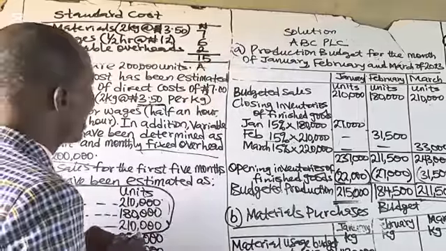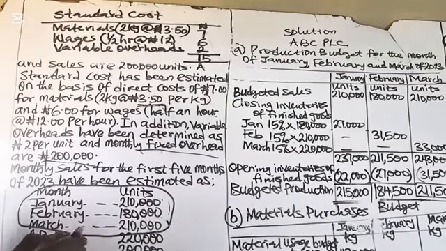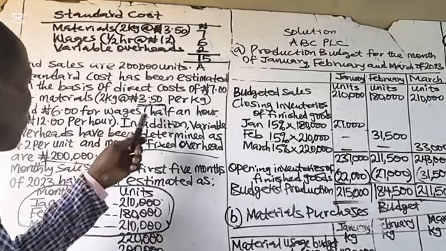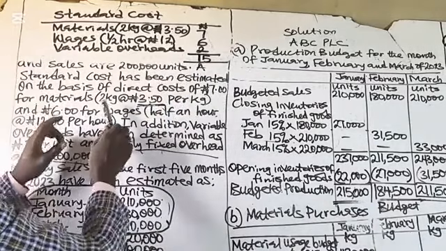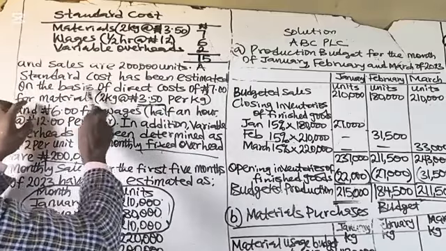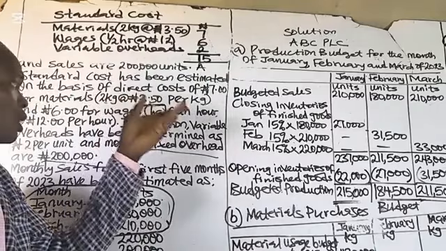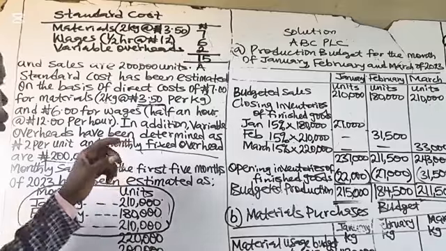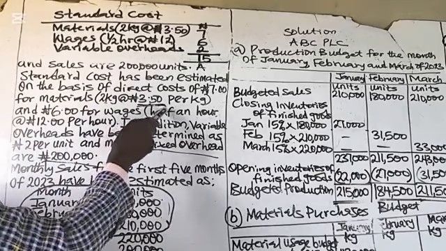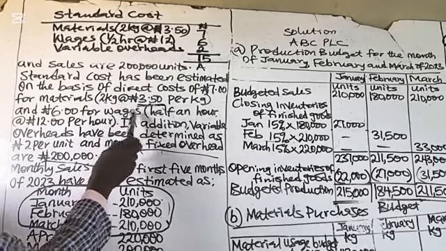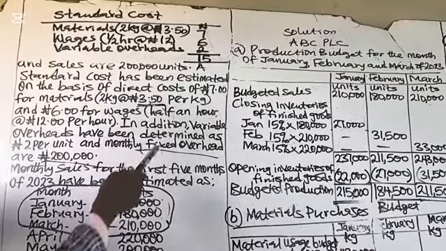So this is a standard marginal cost. I've told you if it is a standard absorption costing, then the fixed overheads will have been absorbed. Since the standards you are given are based on direct cost, it means it is standard marginal costing you are expected to use. Where the examiner expects you to use standard absorption costing, they will give you the cost per unit of fixed cost, or they will tell you to use standard absorption costing.